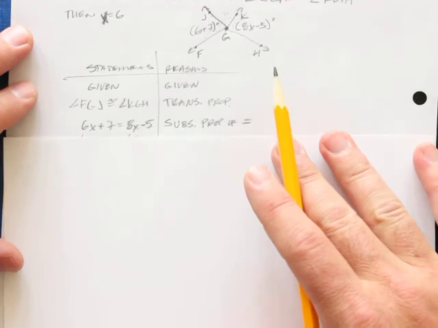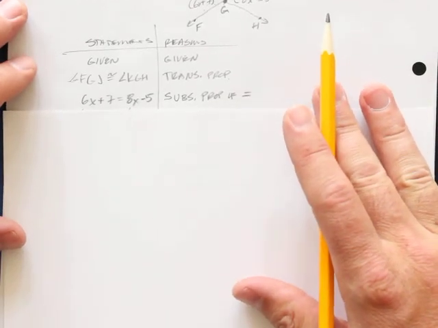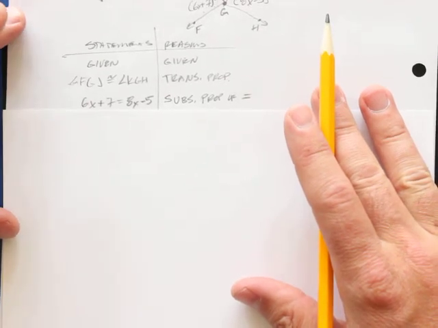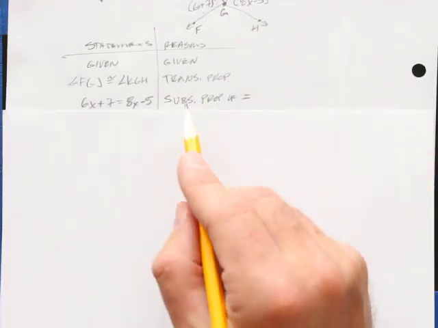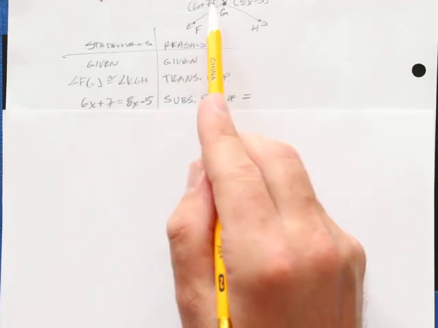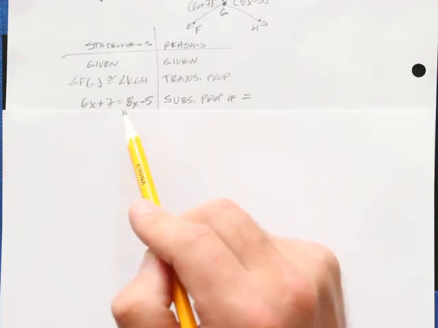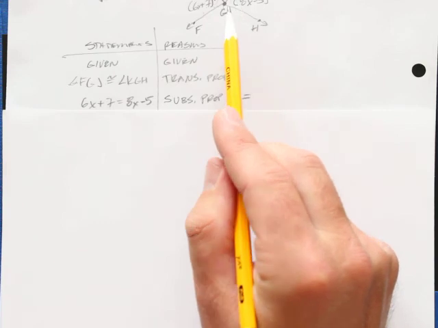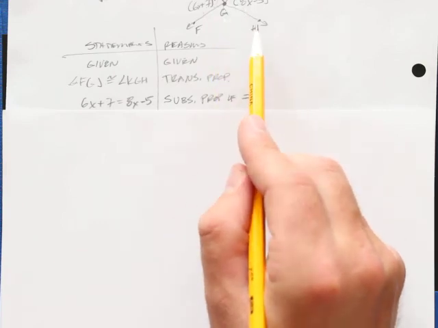Is that what I did next? Yep. And I did that by the substitution property of equality. So what I did was I substituted 6 plus 7 as my angle measure for FGJ. And I substituted 8x minus 5 for my angle measure of KGH.